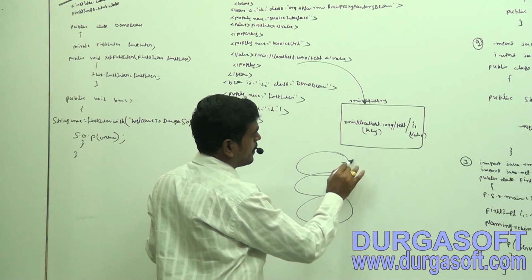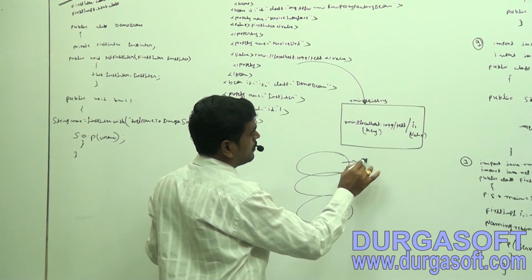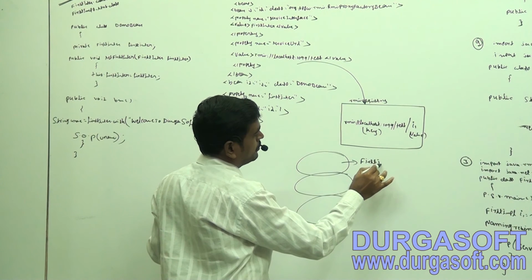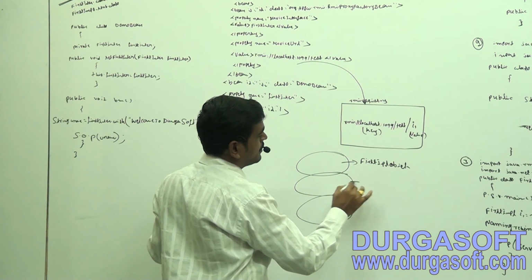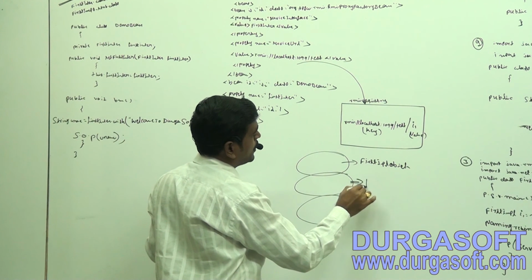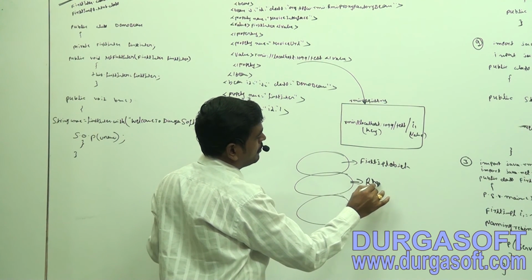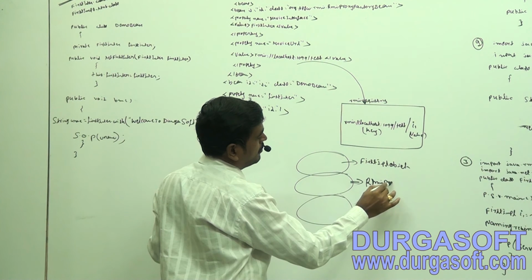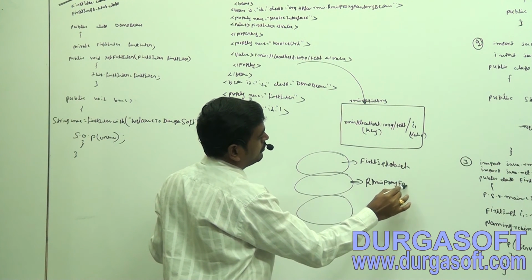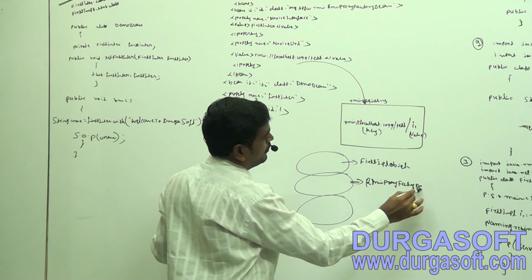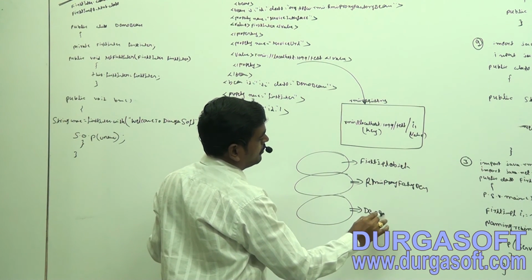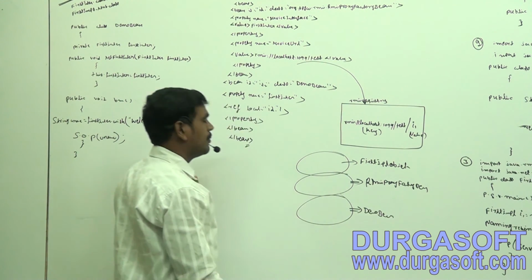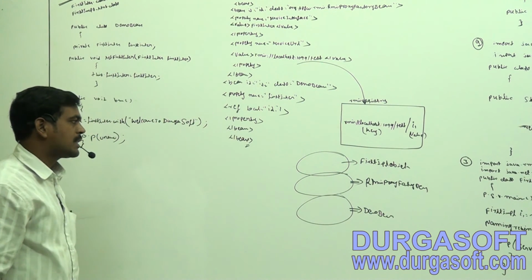This is the first IMPL object, this is the RMIProxyFactoryBean, and this is the DemoBean. So like this a hierarchy is there.